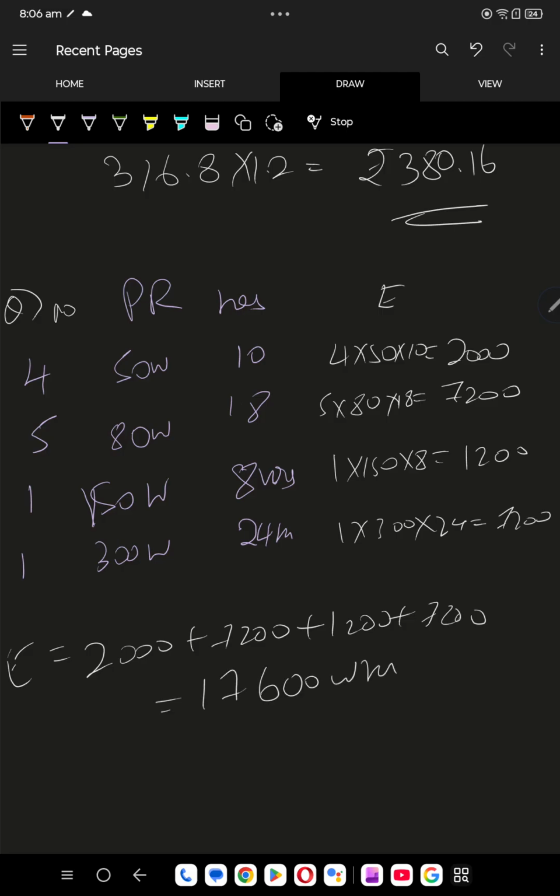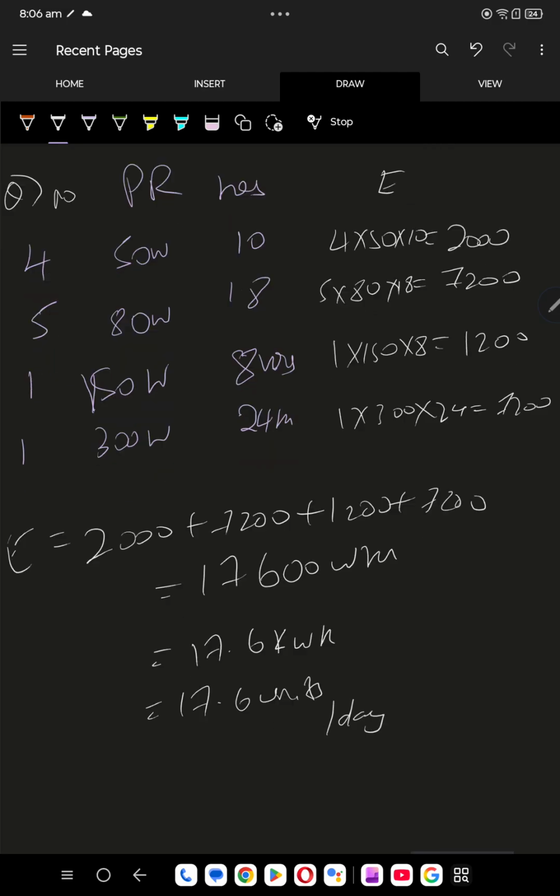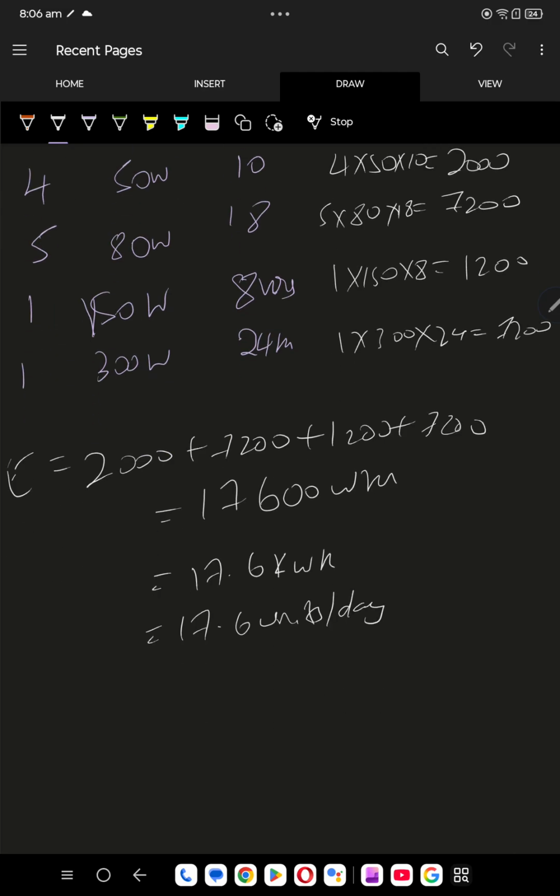Because it is energy, we have to write like this. That's going to be 17.6 kilowatt hour. That is going to be 17.6 units for a day. So 17.6 into 30 is going to be 528 units for a month.